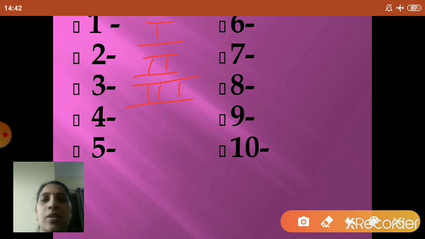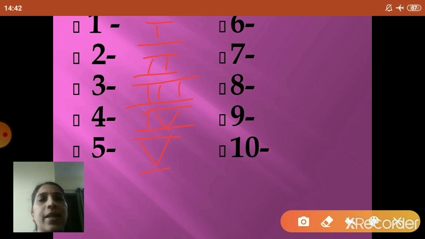In the rules it was given that you cannot use the alphabet I 4 times. So for the number 4, a different symbol will be used. Then for the number 5, it will be capital V.